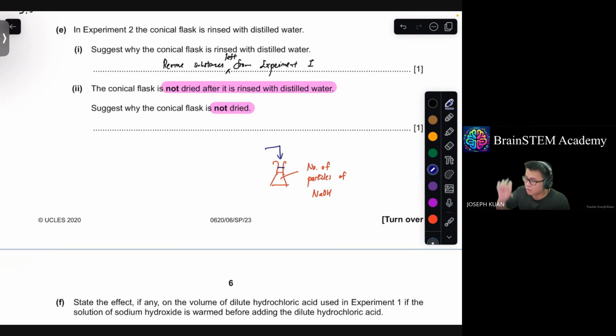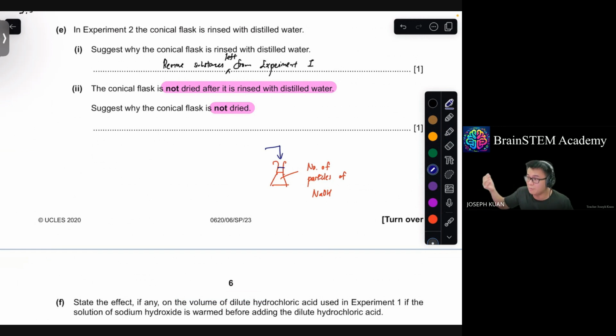All right, the water is only an issue if you choose to dilute the acid instead, which means that you need more volume of the acid. But in the case of the conical flask, the amount of sodium hydroxide is not changing.